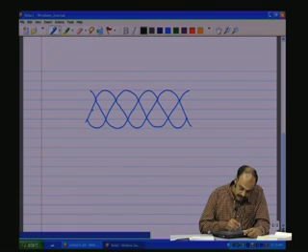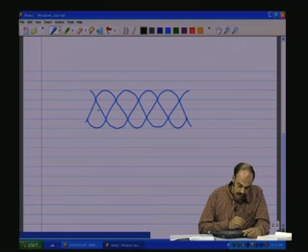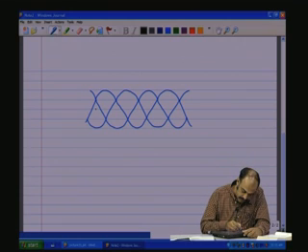So, let us say this is 0 of the IA, and this is 180 degrees of IA, this is the 120 degrees point, this is the 60 degree point, and somewhere here is the 30 degree point.